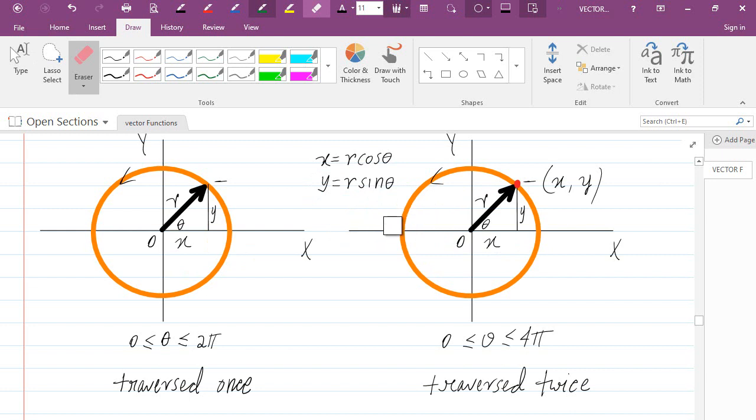Notice that here the range for theta is from 0 to 2 pi, and here the range for theta is from 0 to 4 pi. So in the first circle, the circle is traced exactly once counterclockwise. In the second picture, because the range for theta goes from 0 to 4 pi, we are tracing the circle twice.